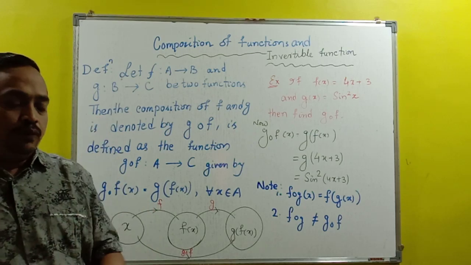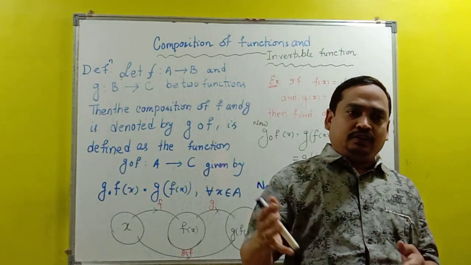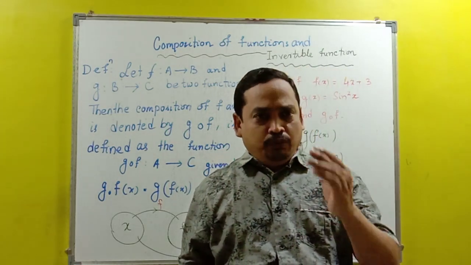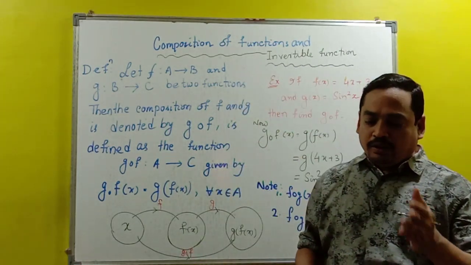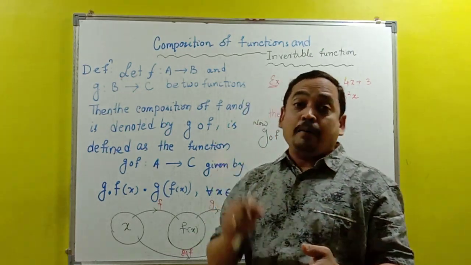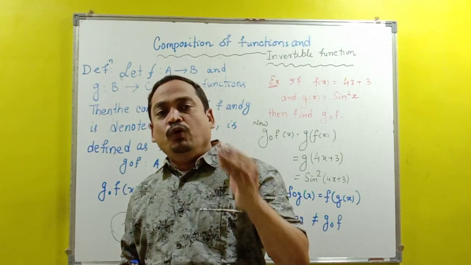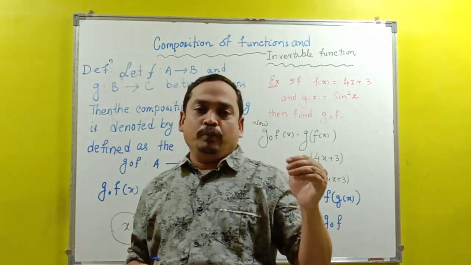Just for example, one more example I am giving. You all are going to appear for the class 12 board examinations. Your name is, suppose, X, but you have been assigned a roll number. The board knows you in terms of the roll number.